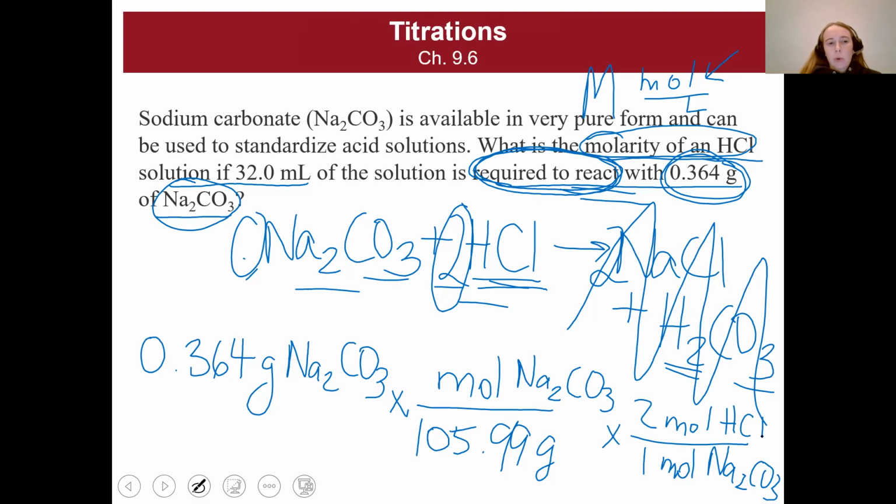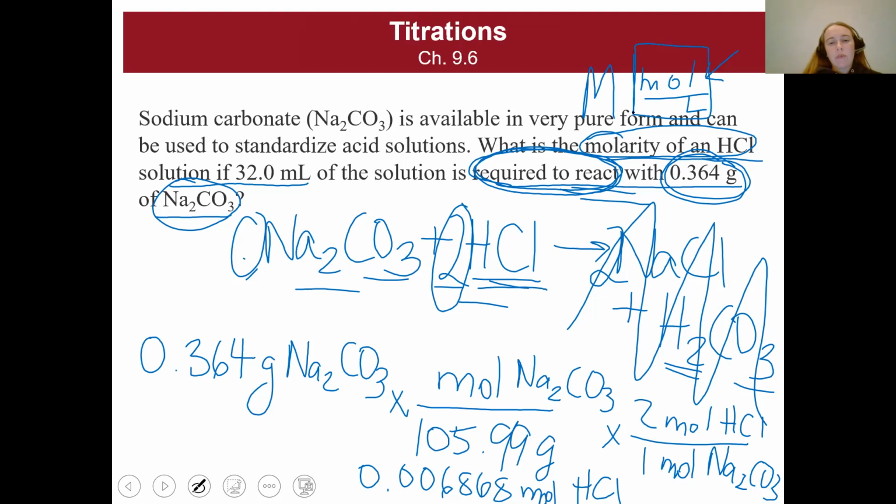So 0.364 times 2 divided by 105.99, that is going to get me to 0.00688 moles of HCl.